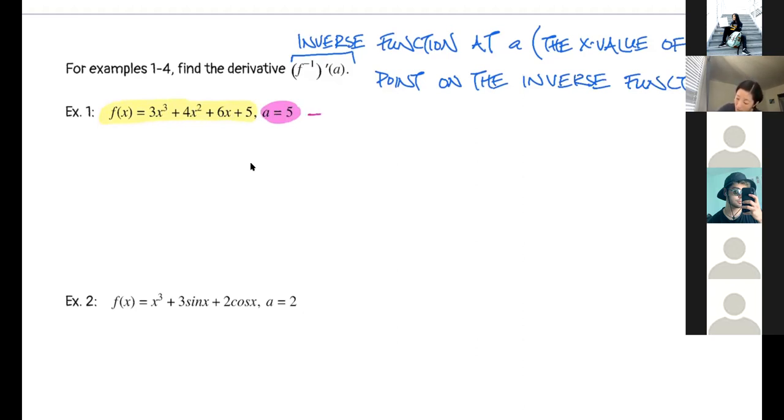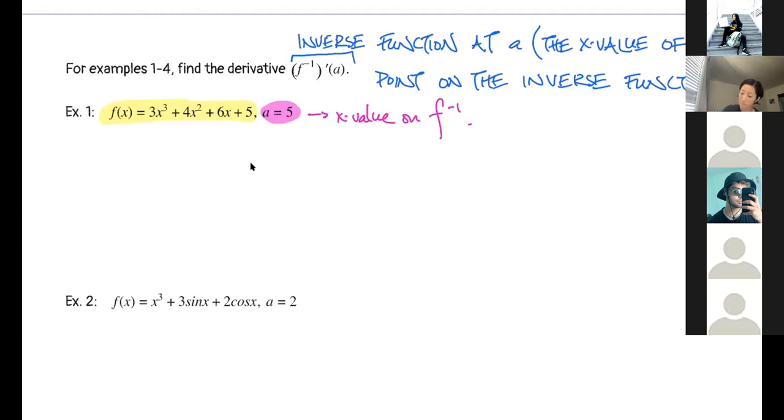So this is an x value on the inverse function. We want to find the slope of the inverse function at a equals 5, but we don't know the equation of the inverse function. All we have is information about the original function.